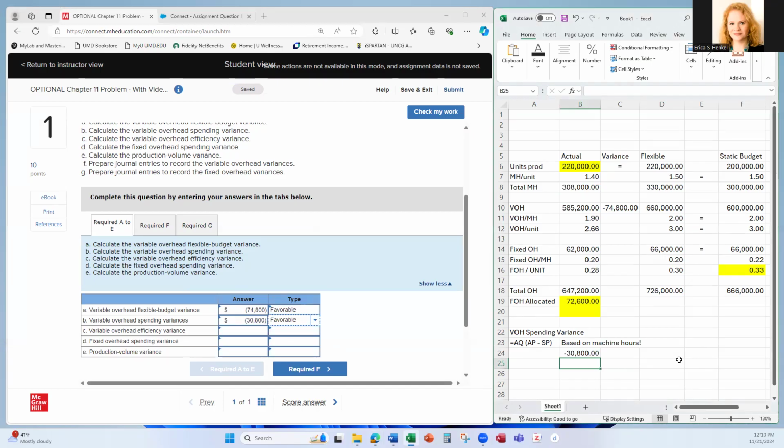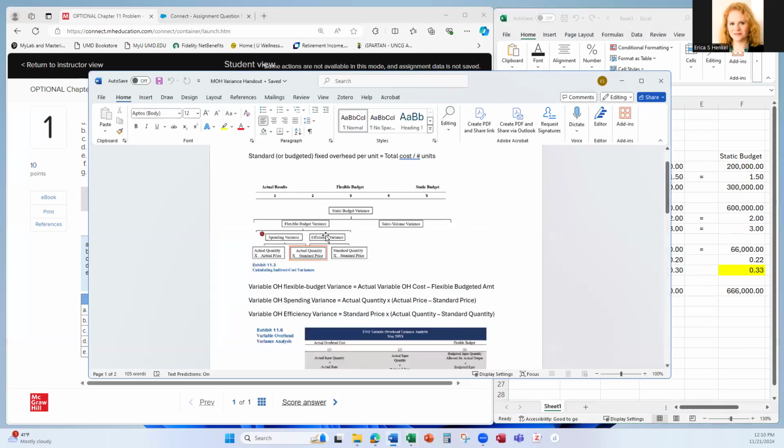Next, we're going to look at our variable overhead efficiency variance. So let me grab this handout back here. Our efficiency variance is going to be our standard price times the actual quantity minus the standard quantity.